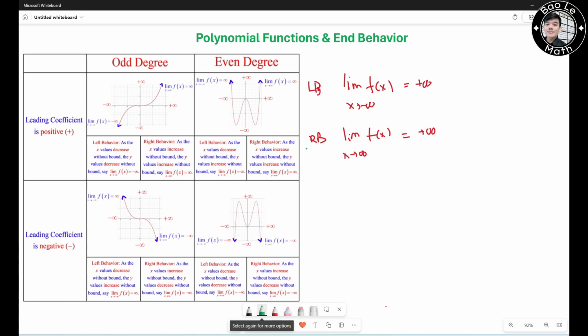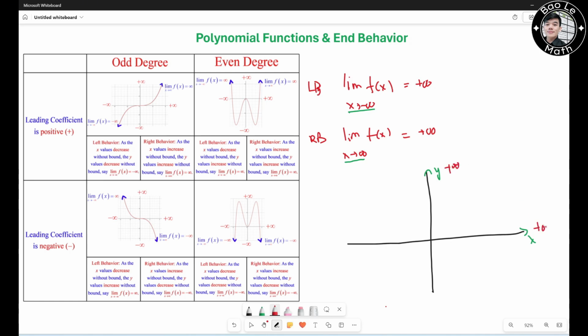If you want to know left behavior or right behavior, look at this one right here. When s approaches negative infinity, which means left behavior. When s approaches positive infinity, this is right behavior, right? Now you just draw the x and y coordinate plane right here, okay? And you label the y-axis, the x-axis right here. Alright, next one you just put positive infinity right here. This one positive infinity, this is negative infinity, and this is negative infinity, right?